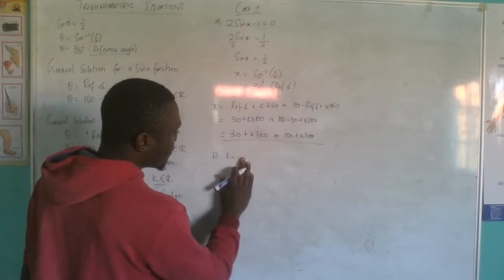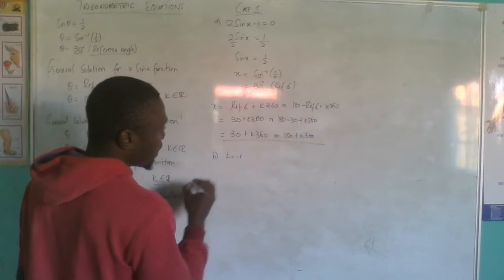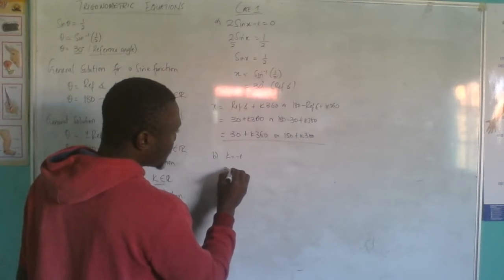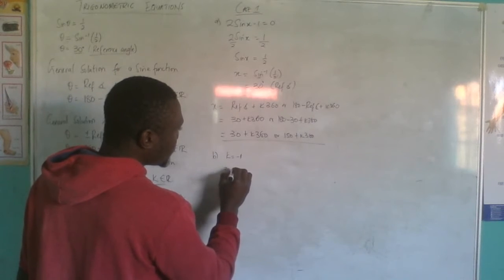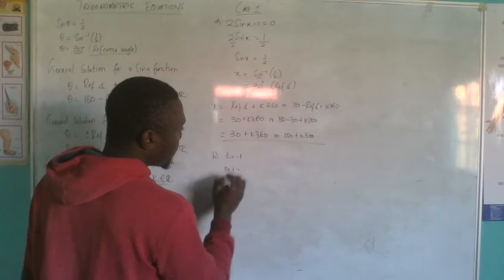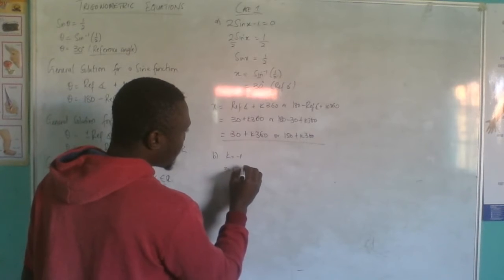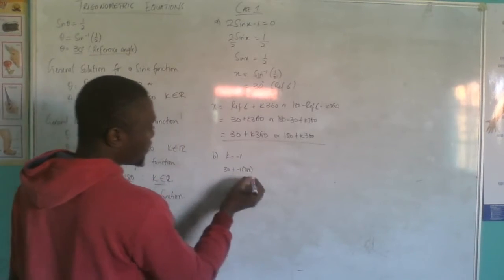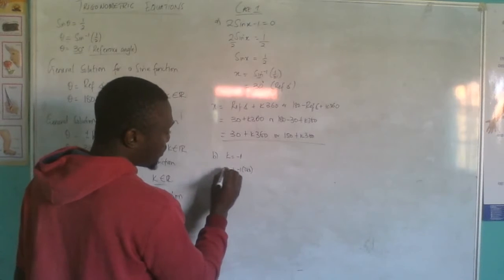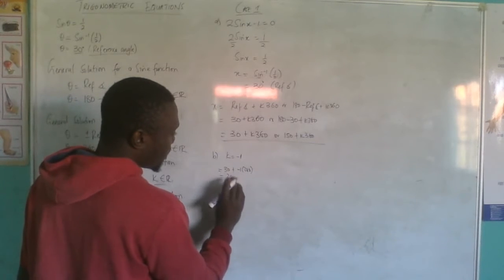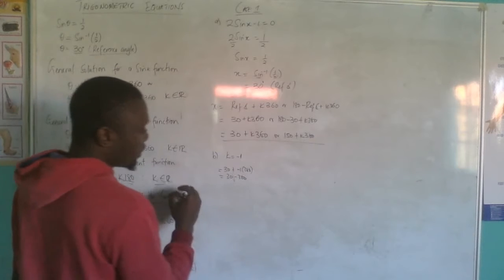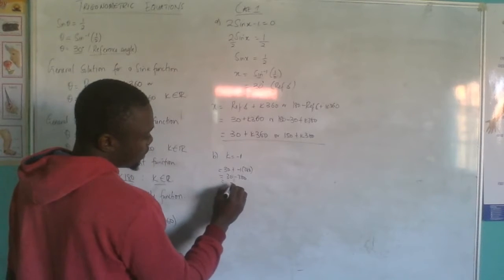So I'll go to -1. So 30 plus -1 times 360 will give me 30 minus 360, and then I'll have negative 330.